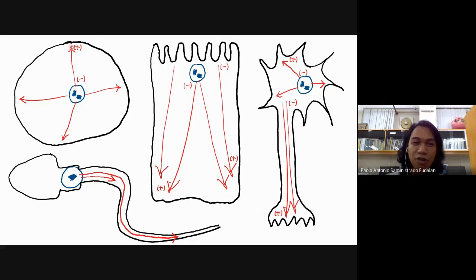So look at all the cells. The minus is really towards the centrosome, while the plus are away from the centrosome. The red arrows are the microtubules. This means that they help in organizing the positions or the orientations of the microtubules. They are also known as the microtubule organizing centers, or MTOCs.